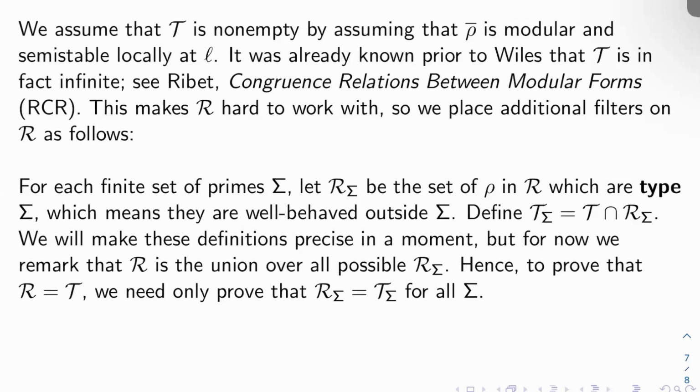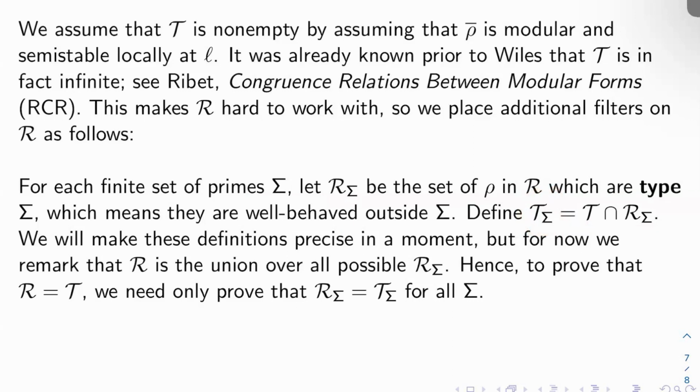We place some additional filters on R as follows. Given a finite set of primes sigma, let R sub sigma be the set of those rho in R which are of so-called type sigma, which essentially means, and we'll specify what this means later, although we touched on this briefly in chapter 1, that they're well-behaved outside this finite set of primes sigma. And then define T sub sigma to be T intersect R sub sigma.